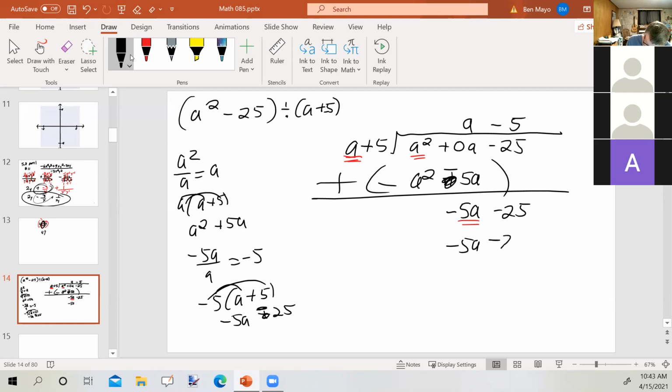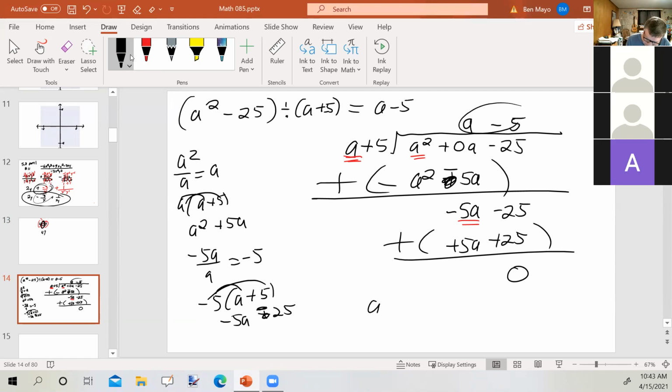Minus 5a minus 25. Subtract that quantity from what's up above, change it to addition of the opposite, and we get 0 remainder. Which means that a squared minus 25 divided by a plus 5 equals a minus 5. Let's see if that's true. A plus 5 times a minus 5 is going to be what?